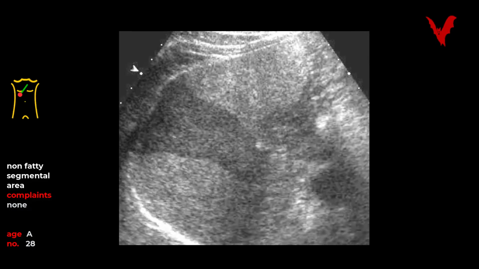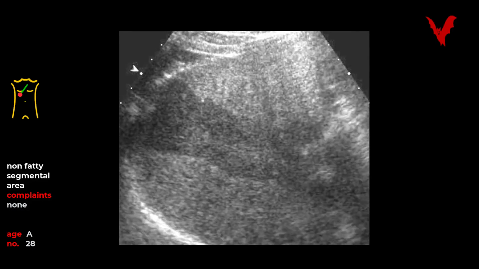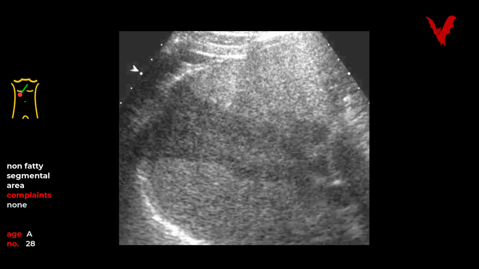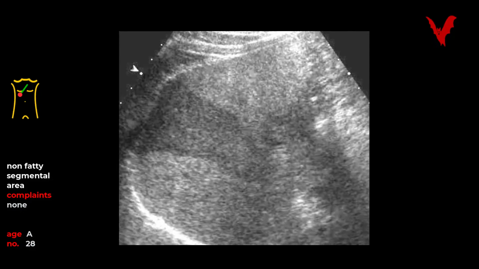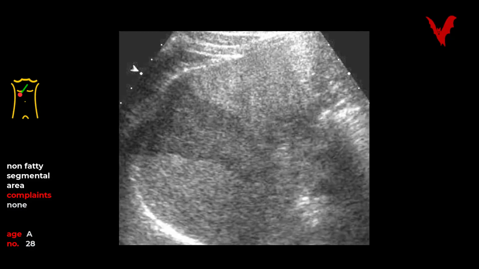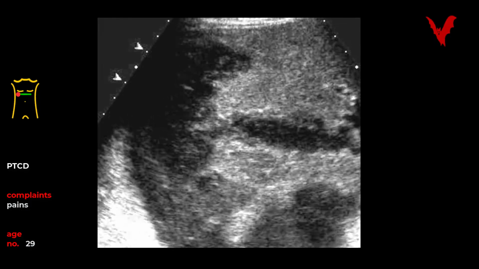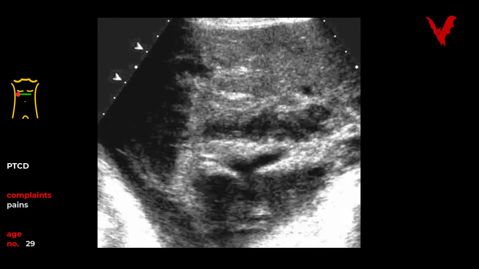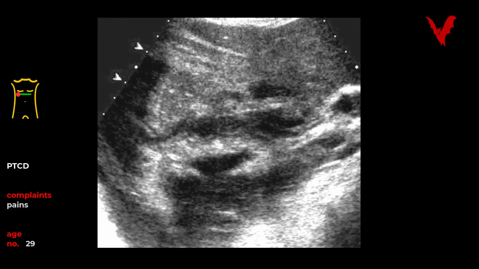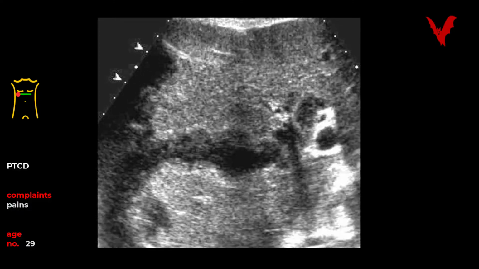As well, this segmental area of better nutrition is visible by less echogenicity in figure 28. Sudden inspiration in the course of PTSD led to this rare injury, with spontaneous healing.